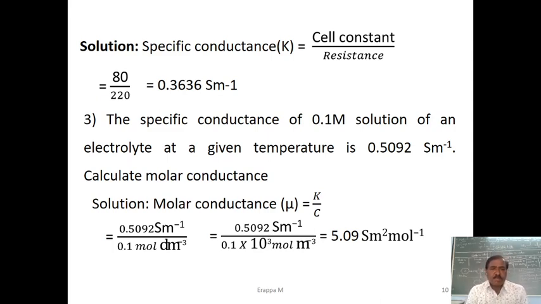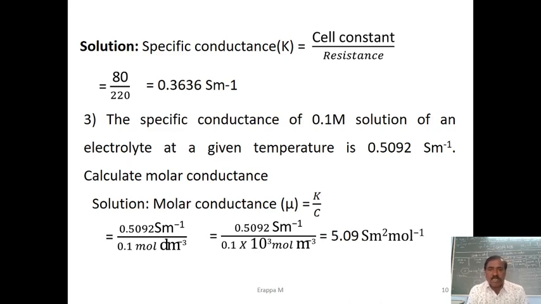Next problem: the specific conductance of a 0.1 molar solution of an electrolyte at a given temperature is 0.5092 Siemens per meter. Calculate the molar conductance. Solution: molar conductance is equal to K by C. Specific conductivity is given as 0.5092 Siemens meter minus 1 and the concentration is 0.1 mole per dm cube.